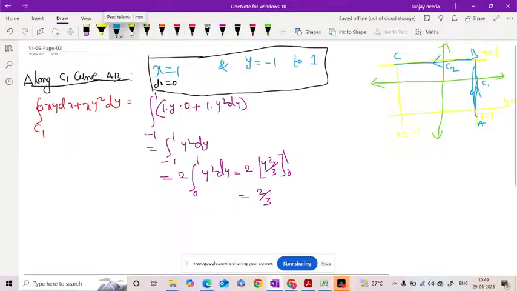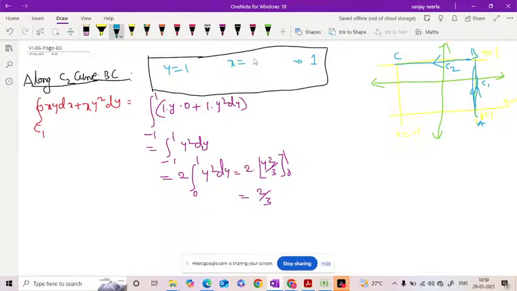What is the y value? So here in the C2 curve, that means the BC direction, the x values are running from 1 to minus 1. So here y is equal to 1, but x is running from 1 to minus 1.